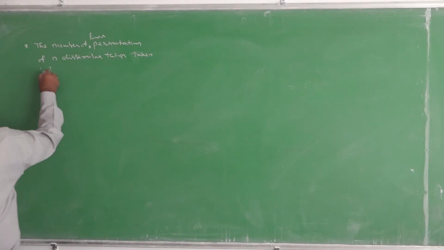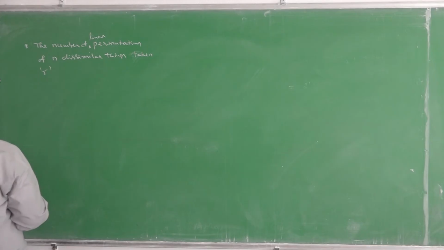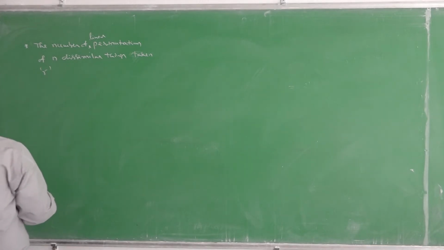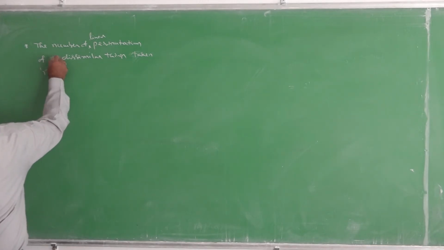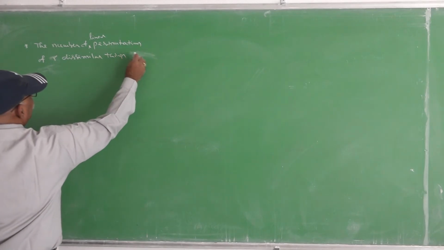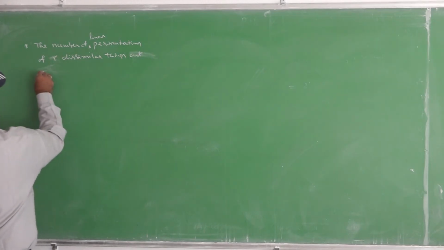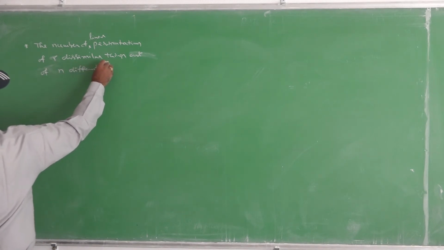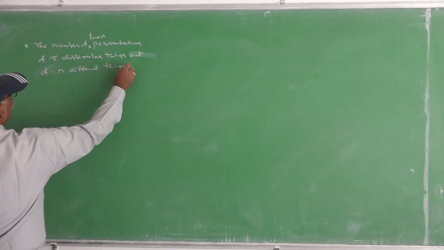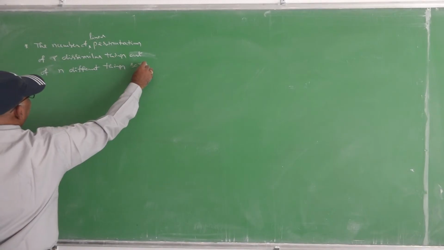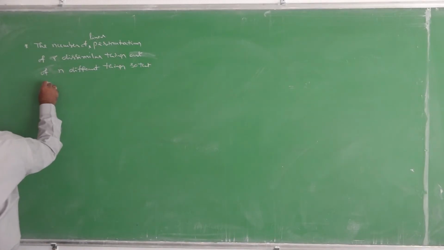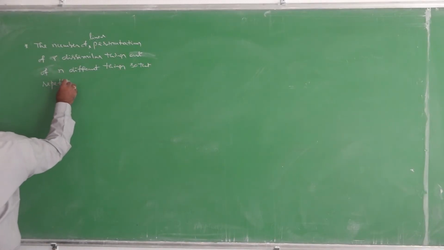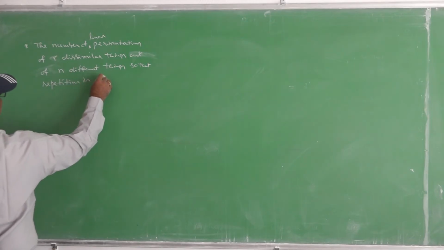The number of linear permutations of r dissimilar things out of n dissimilar and different things, so that repetition is allowed.